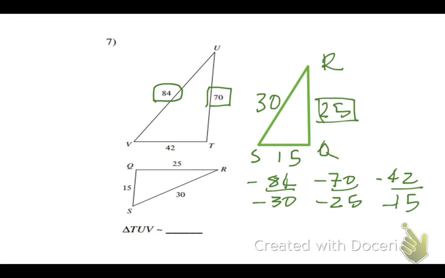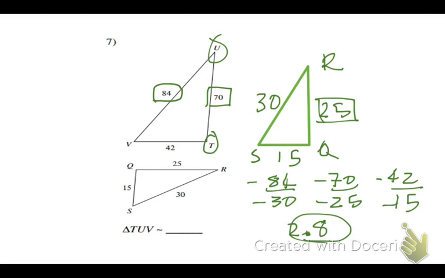And when you do that arithmetic, you get a value of 2.8 for each one of these divisions. So 84 divided by 30, 70 divided by 25, and 42 divided by 15 are all 2.8. So since those ratios are equivalent, the triangles are similar, and now they're easier to name.